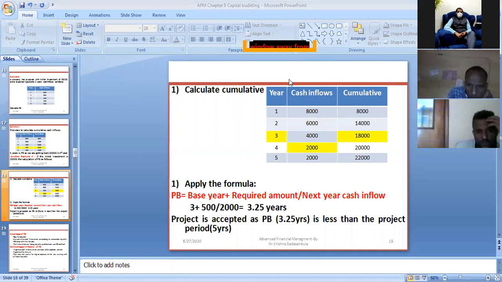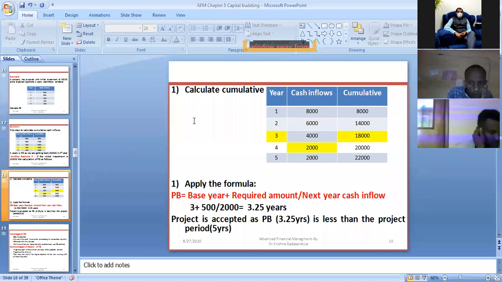So that's why it is only the time period. But are you investing only to get back your original investment, or are you investing for returns? So we have to check the returns also, no? But the payback period is checking only the time period to get back our original investment.